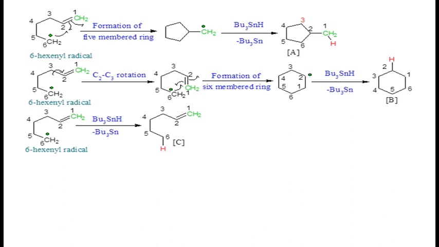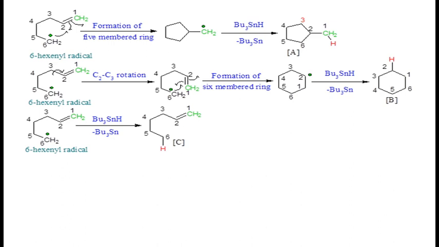So this radical carbon, carbon number 6, and carbon 1 will come close. When these two carbons are closer, bond formation is easily possible. After rotation, this double bond comes close to the radical carbon and then it undergoes cyclization. There is formation of a 6-membered ring.